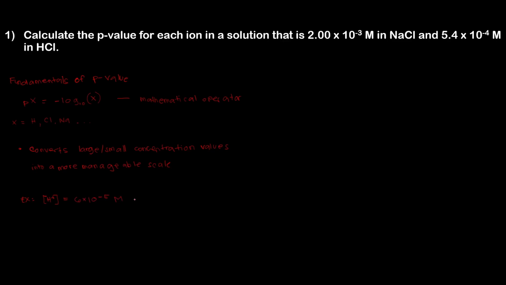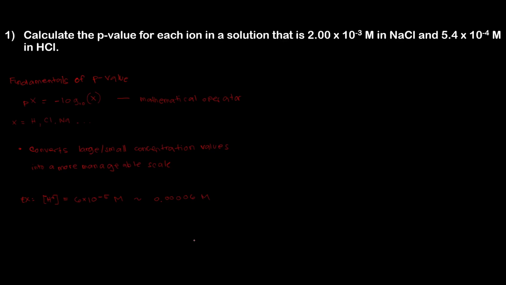Now, if you write it out in non-scientific notation, that would be 0.00006 molar. So this is an extremely small concentration and sometimes not a really manageable scale to look at.